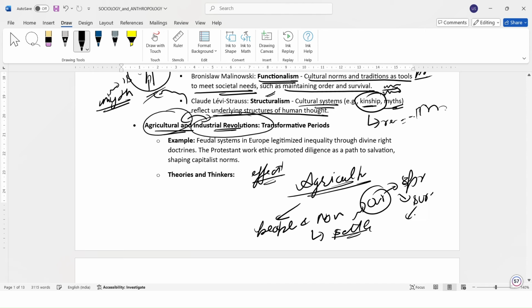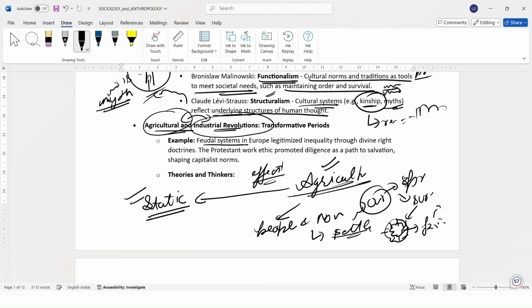This surplus led to people clubbing together to make communities, which led to the formation of kingdoms and then armies. This was what agriculture did to our society. It made humans static. We started staying in one place.